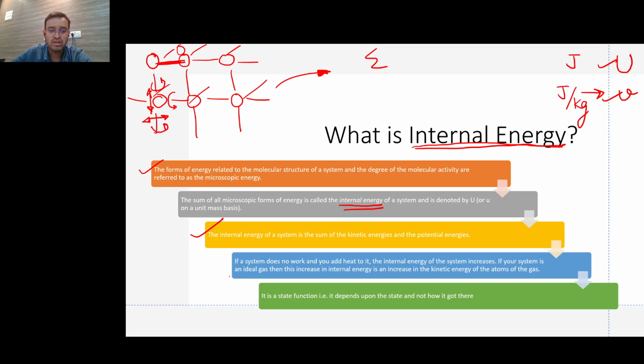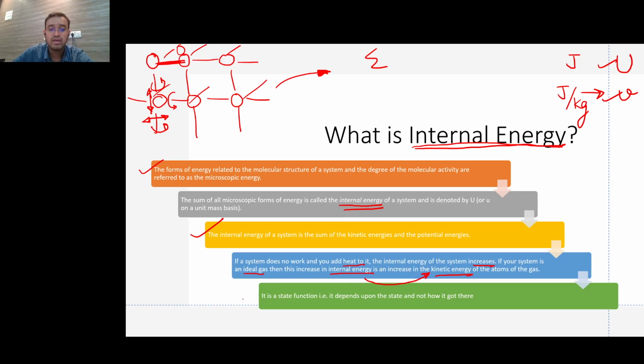We also know that if a system does not do any work interaction, and if you just add energy to it, the internal energy of the system will increase. If your system is an ideal gas, this increases the internal energy, and this internal energy is strictly in the form of kinetic energy in the case of ideal gases.